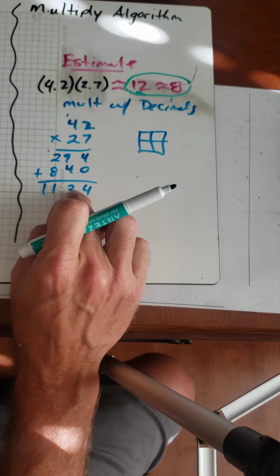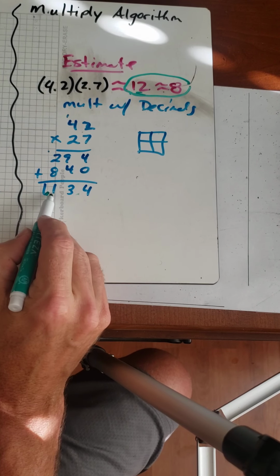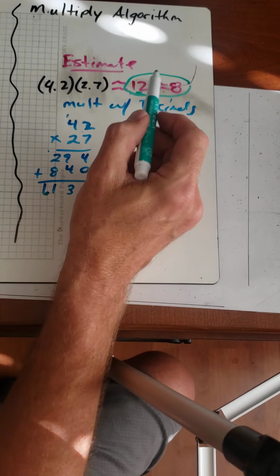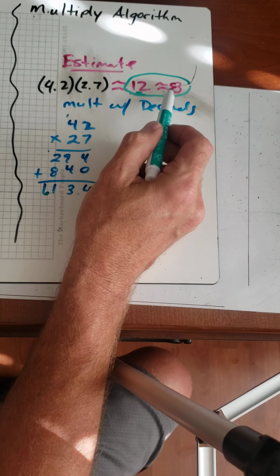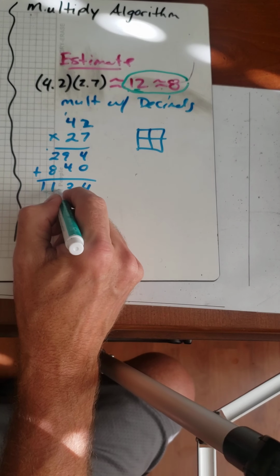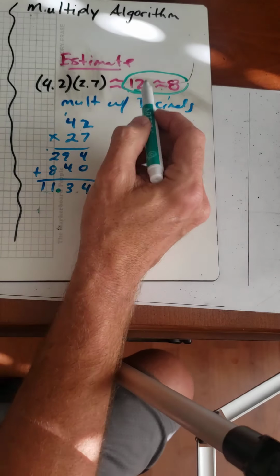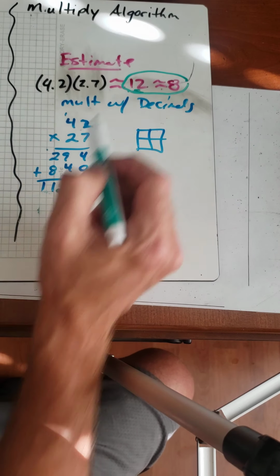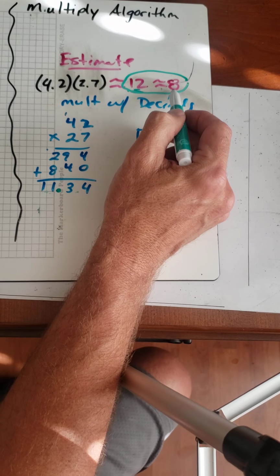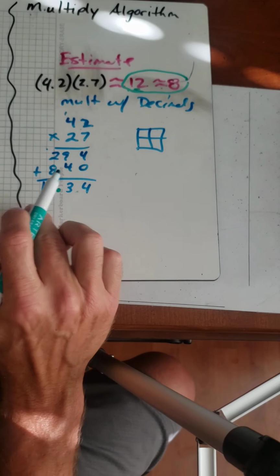No, I don't think so. If I put it right here, I got 1.134. Well, that's closer than 113 is, but I don't think that's very close either. If I put it right here, I now have 11.34. And 11 clearly is pretty close to 12, and it's close enough to 8 as well.